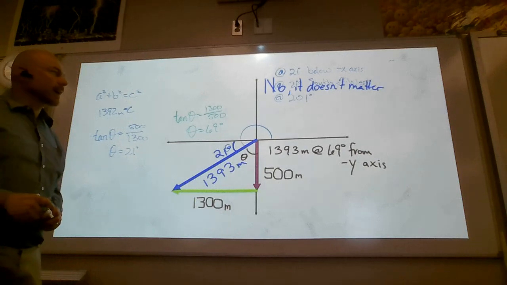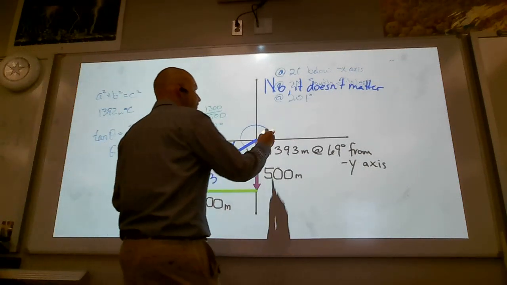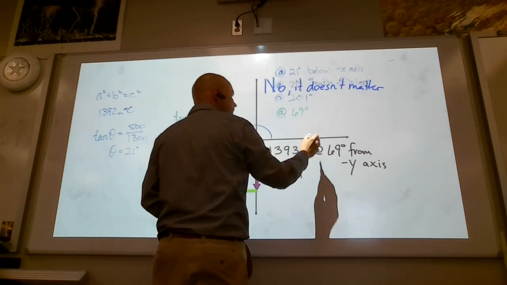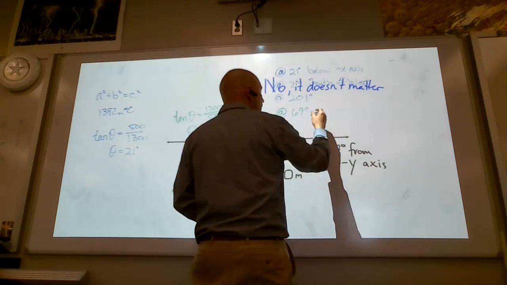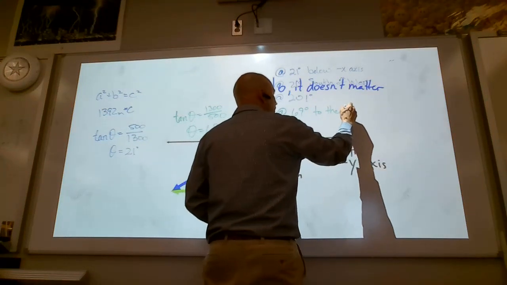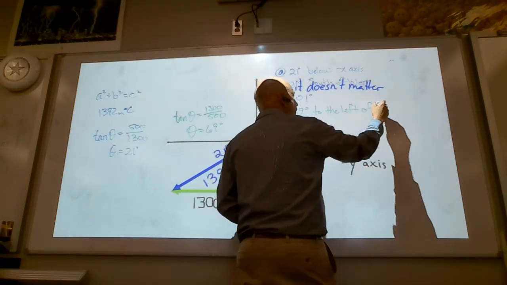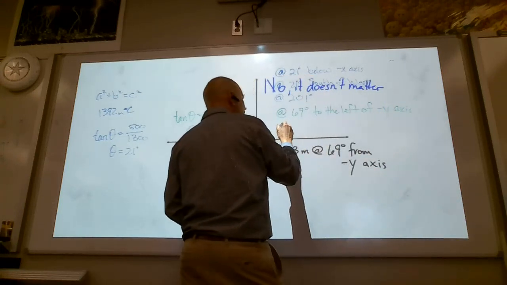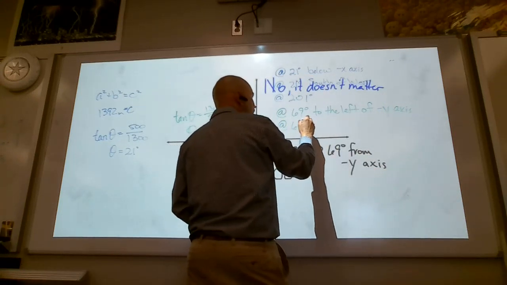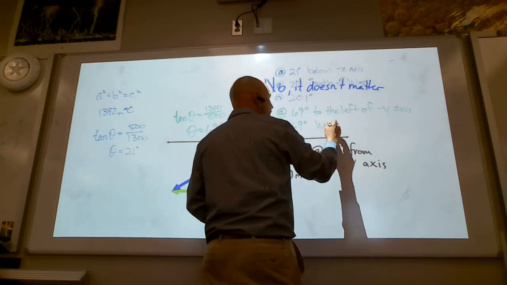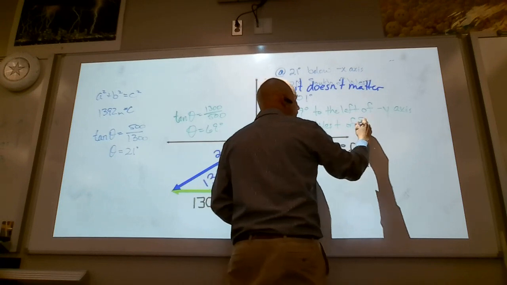And so you could say, well, at 69 degrees to the left of the negative y-axis, you could say at 69 degrees west of south.